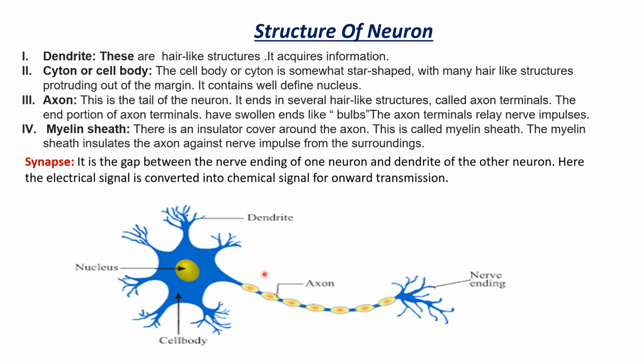So let's take the structure of a neuron. You have done this structure in your previous class, but let's do it in a detailed manner. Now, dendrites, can you see the dendrites? These are hair-like structures. They acquire information. These hair-like structures are present, let's say, on the skin surface.